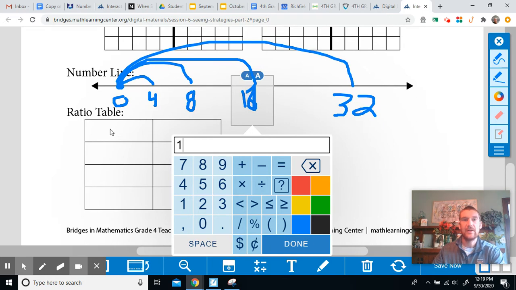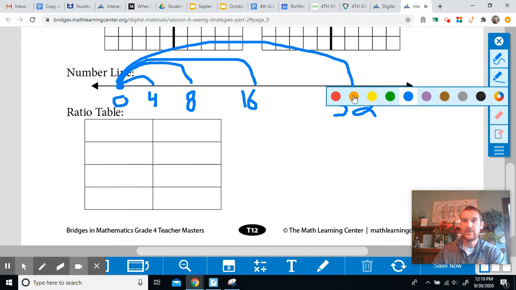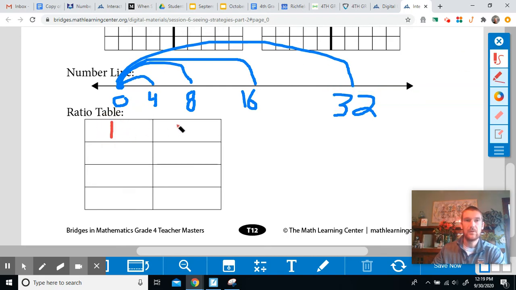Here's how it would look on a ratio table. If I start with 1, 4, then double that. 2 fours is 8. Okay, so we double that.